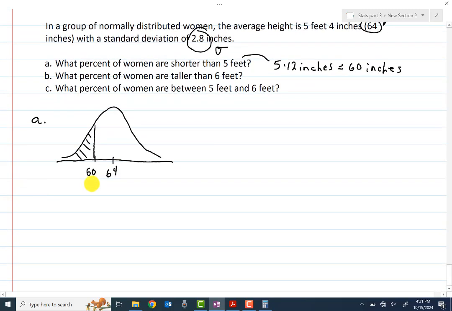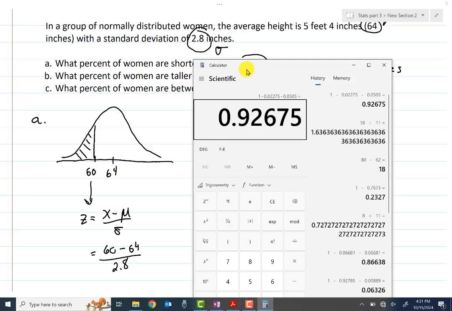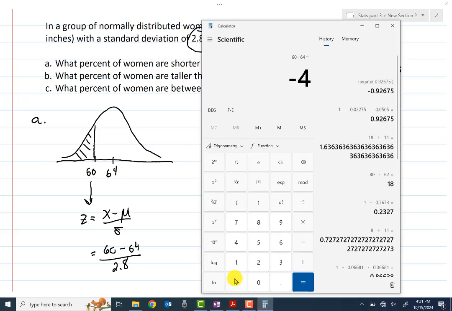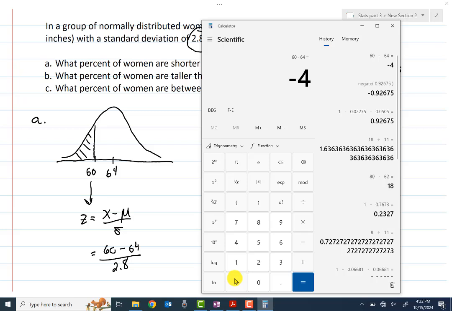Next, if you'll recall, we needed a z-score. The x in this case is 60. The mu is 64. And sigma is 2.8. So that means we have to do 60 minus 64, negative 4. And then I'm going to divide that by 2.8.